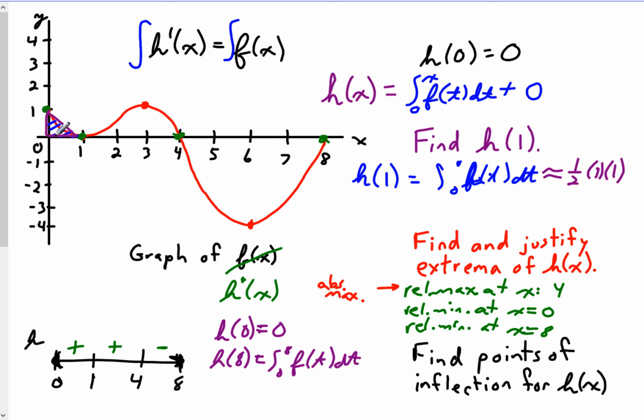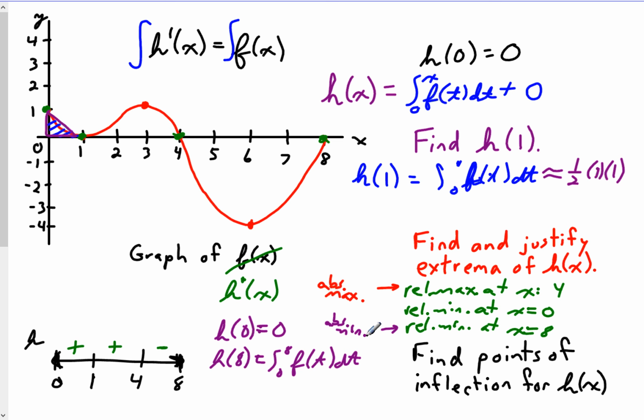Because the area underneath the x-axis is larger than the areas above the x-axis, my integral value is going to be a negative value, which means it's going to be smaller than h of 0. So therefore, the relative minimum at 8 is going to be lower than the relative minimum at 0, which makes the absolute minimum occur at x equals 8.